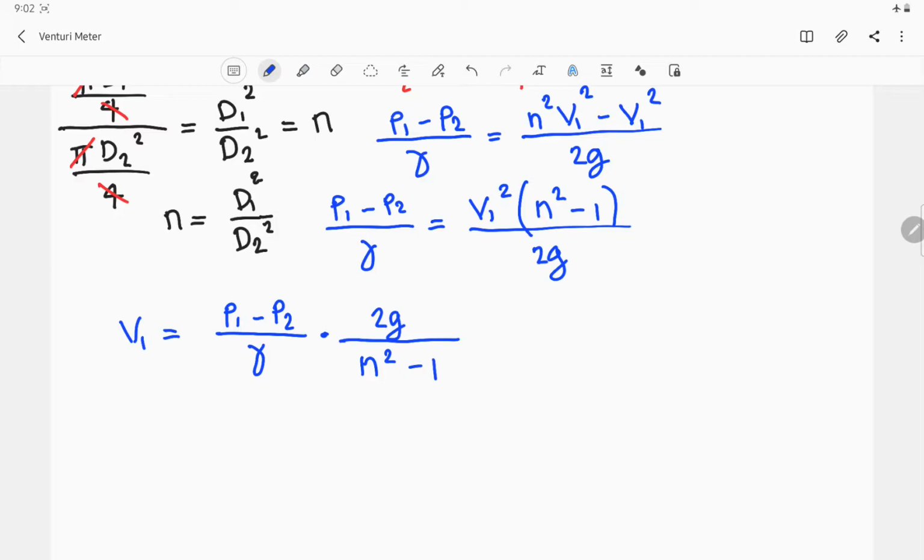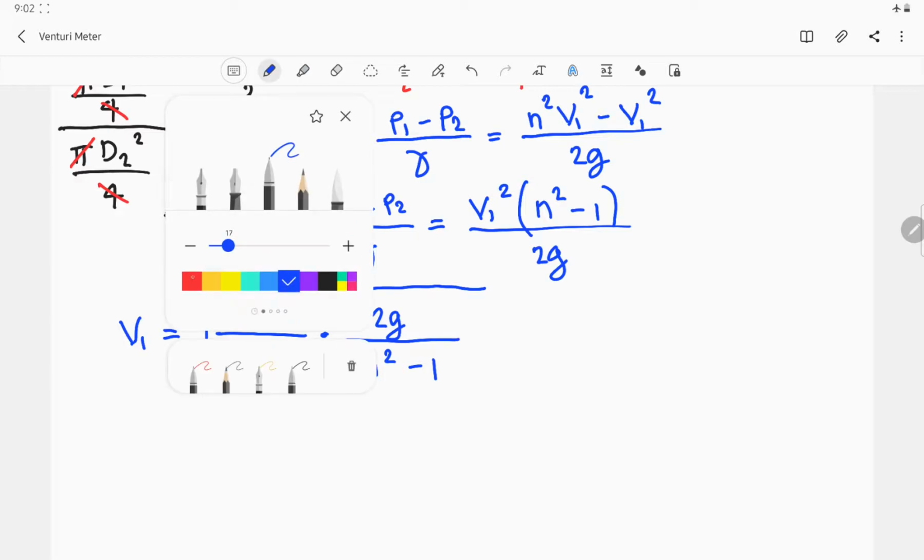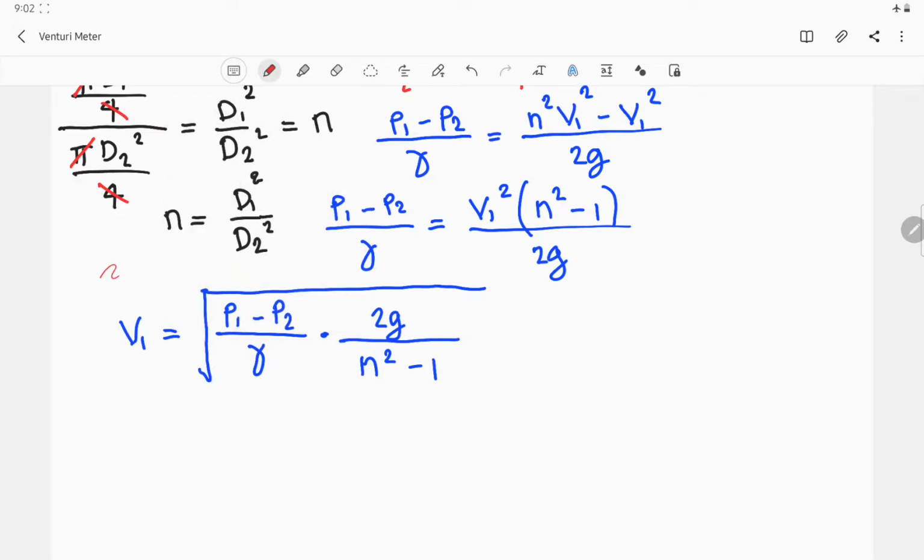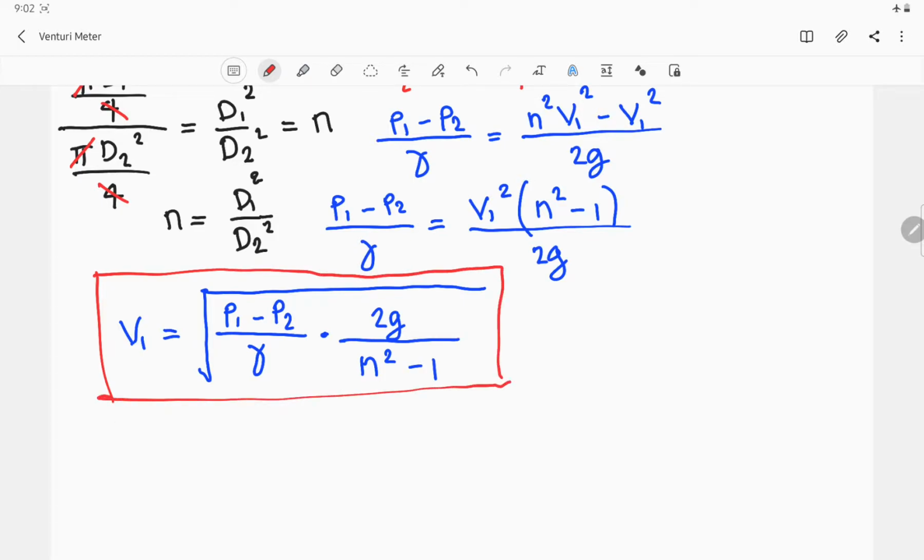Then since V1 is squared, we square root the entire thing. So that will be the equation to solve for the velocity V1. Okay?